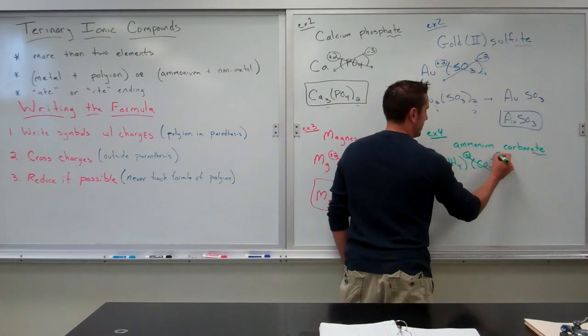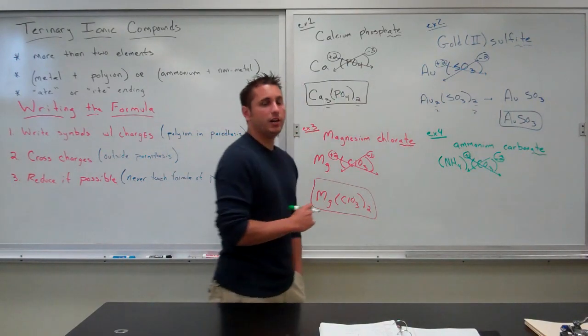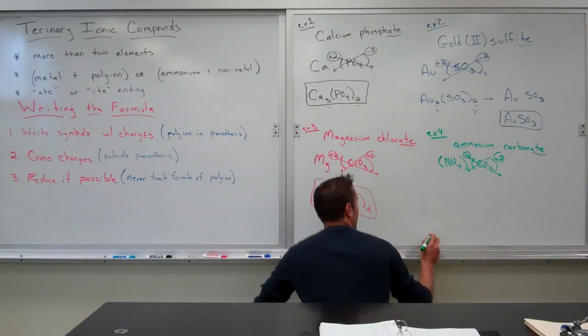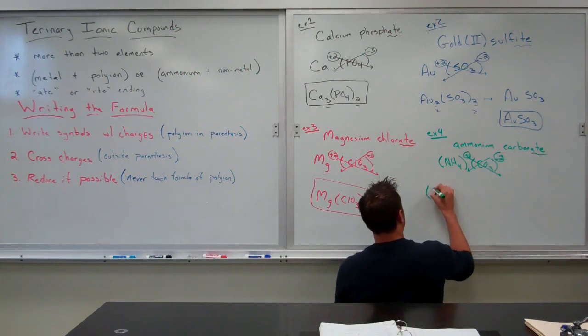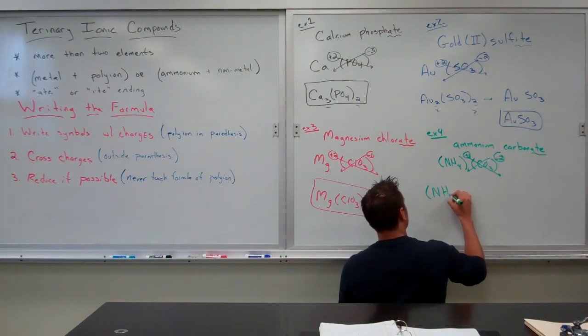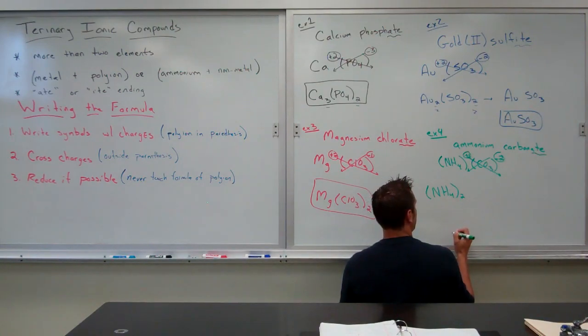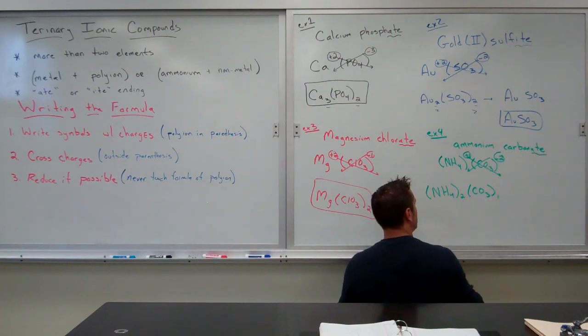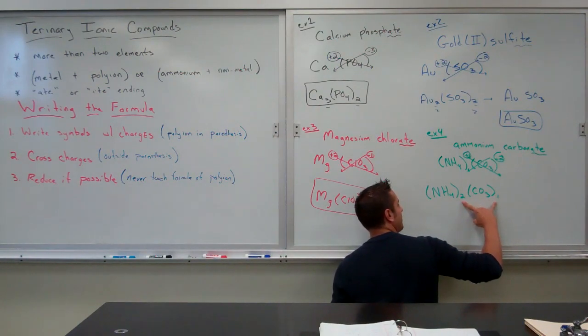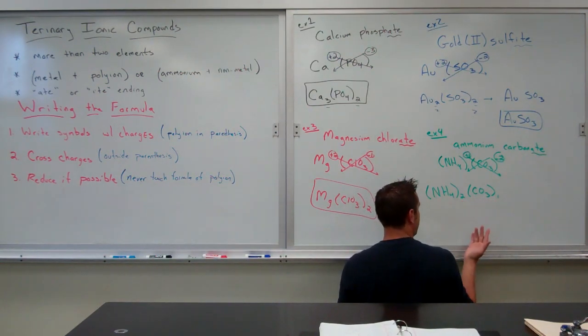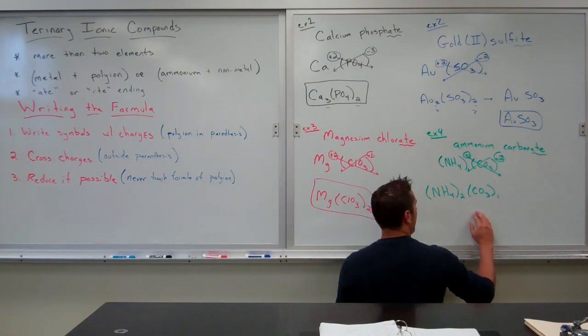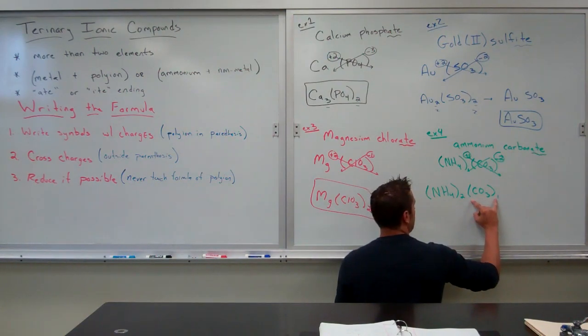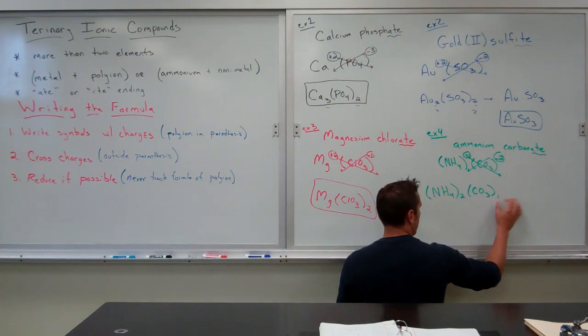The 1 will cross to here, the 2 will cross to here, and what you end up with is (NH4)2(CO3)1. We check to see if 2 and 1 can reduce. They cannot. So this is good the way it is. The only thing is we don't leave 1's in parentheses if it's a 1.